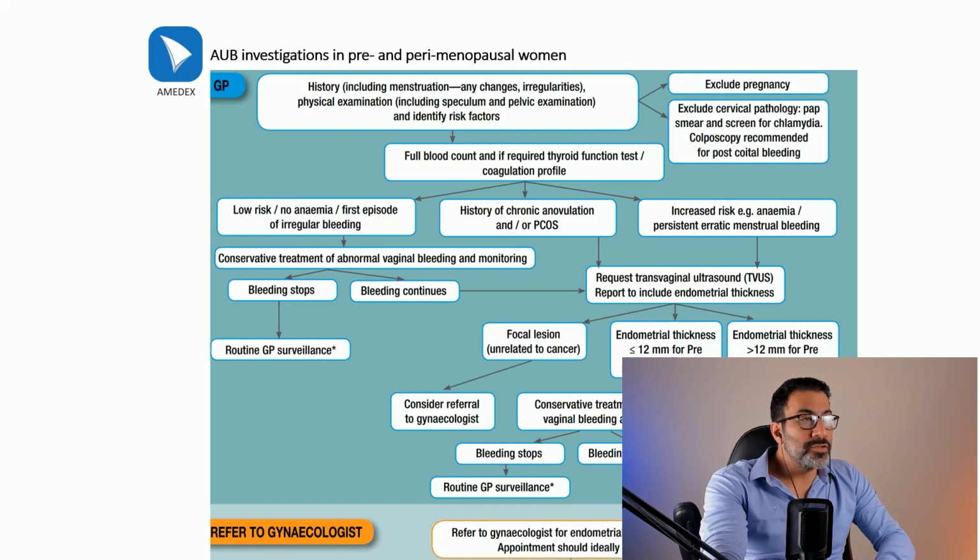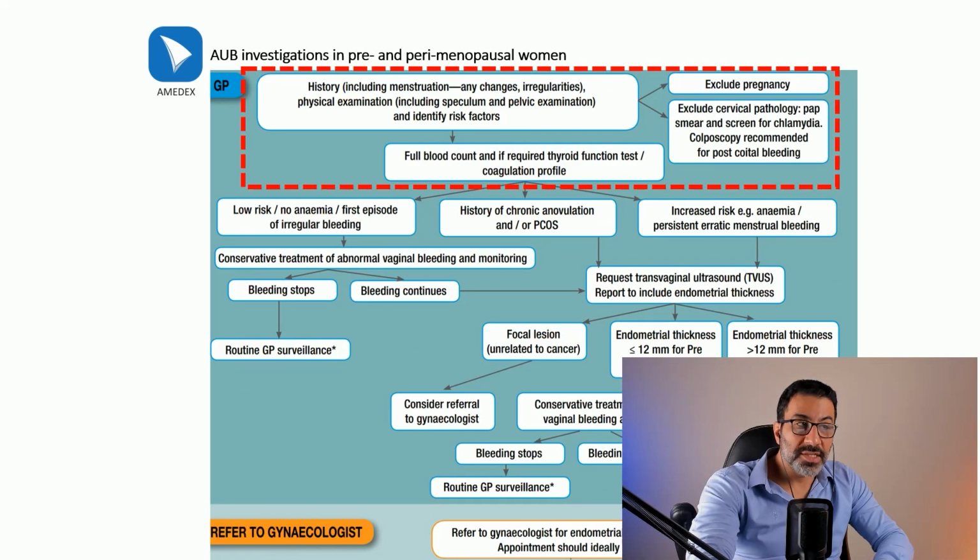So what we need to do as a GP, general practitioner, your level for the purpose of the exam, and what AMC expects of you, is you need to take a history, physical examination, the whole stuff, like everything you need to do before you get to investigations.